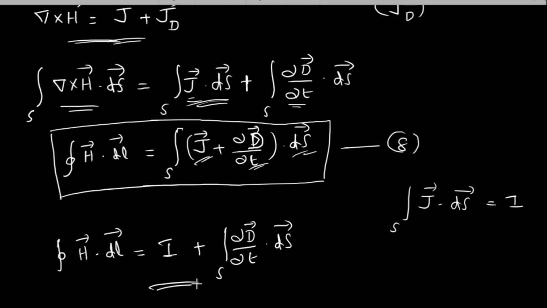The second Maxwell equation was derived from Gauss's law in magnetostatic field. The third Maxwell equation, which we saw in the previous video, was derived from Faraday's law of electromagnetic induction, and in this video we have derived Maxwell's equation from Ampere's circuital law, and we found that this is nothing but a modified Ampere's circuital law.